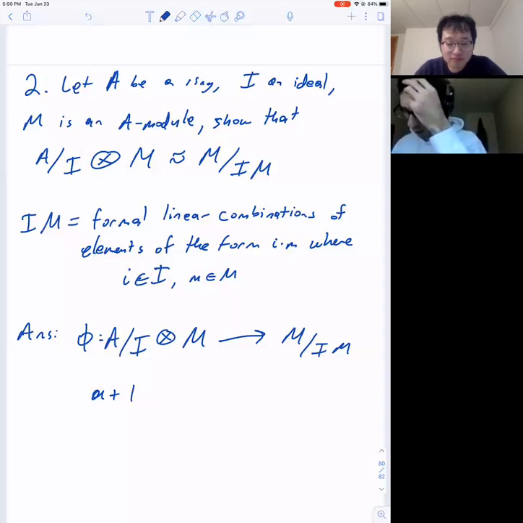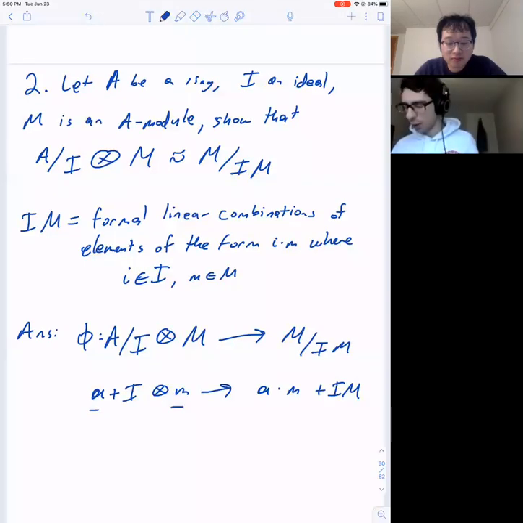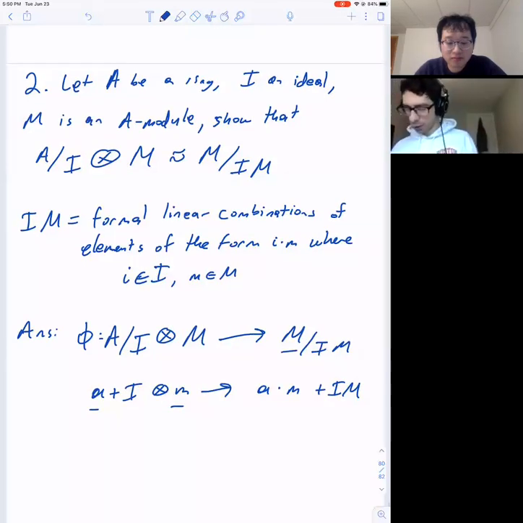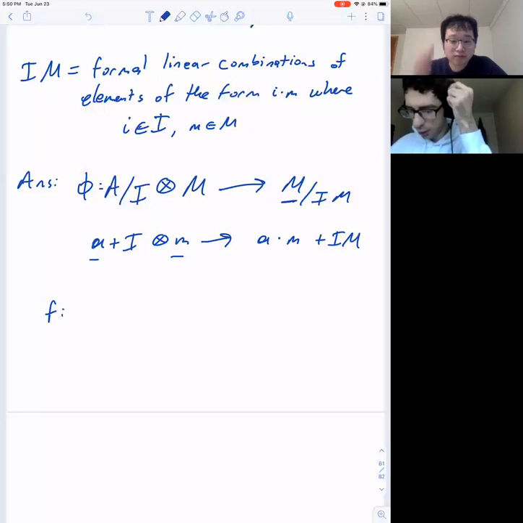So you have an A here, you have the M here, you somehow have to relate them and then end up in M. So if you multiply A by M, you should get an M, and then if you add IM, you're back in M mod IM. So again, this is difficult to see if this is a well-defined map. So what you have to do is go back to the construction of the tensor product.